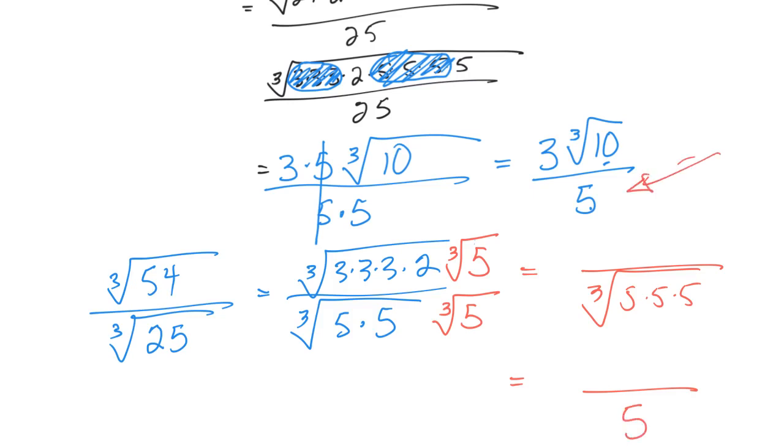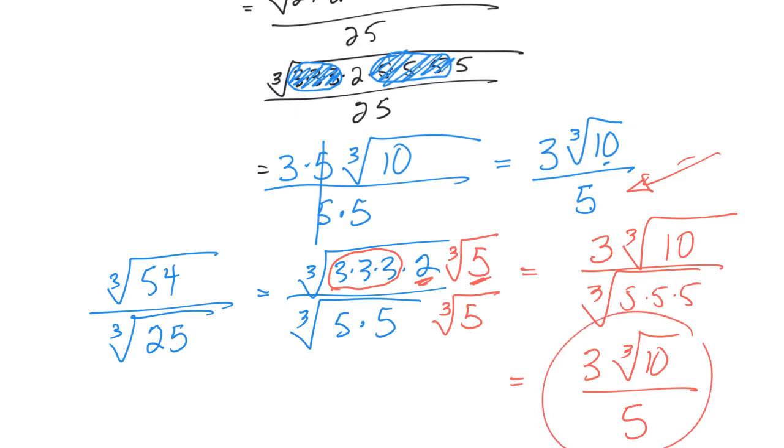See how we're getting that maybe just a bit quicker. And then on the top, I've got 3 3s, so I can bring 1 3 out. And then inside, I'm left with this 2 and this 5, so that'll be 10. So on the top, I have 3 cube root 10. So that's the same answer. You can get to it both ways the same.